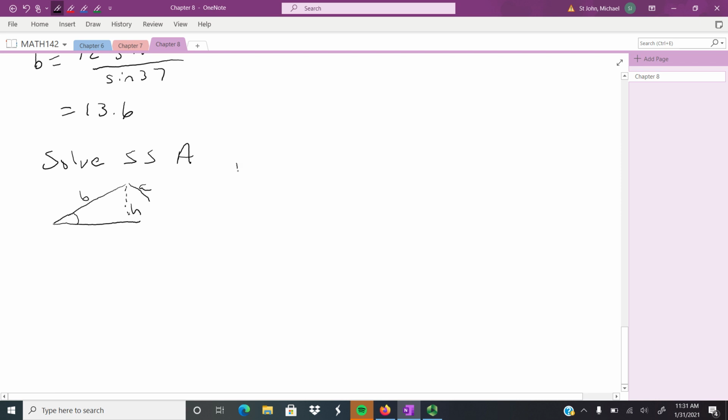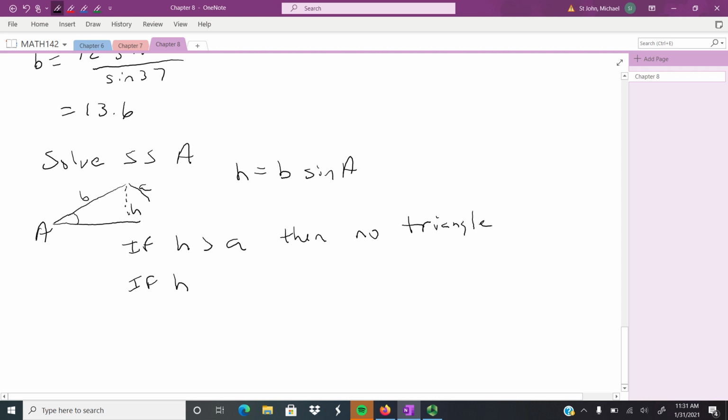And so the height of the triangle is given by b sine A. Okay? And so what could happen here is there are several possibilities. So the first case is if h is greater than a, then no triangle. If h is equal to a, then a right triangle.